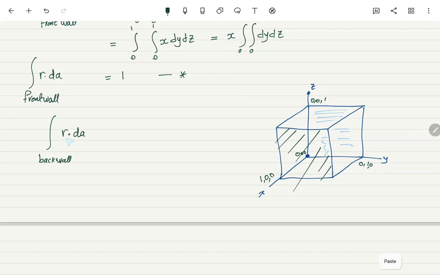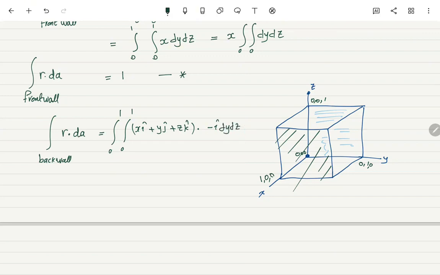Now integration r dot d area is equal to double integral 0 to 1, 0 to 1. Now same rule here, x I hat, y j hat, z k hat. Now dot the d area, it's the area vector which is in the negative side, it's minus I hat dy dz.